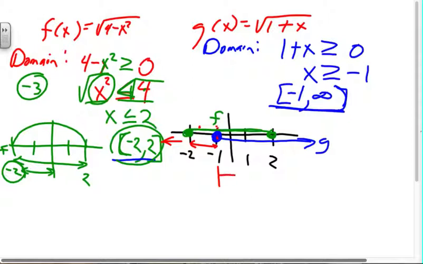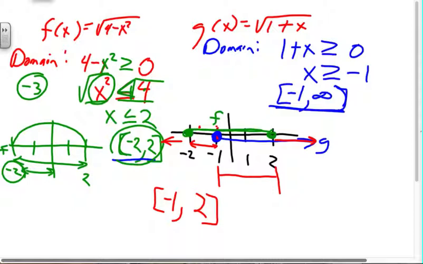And as we go along, we still have points in both of them until we get here at 2, and then F drops back out. And these points are excluded because while they're in G, they are not in F, and remember we're looking at the intersection. So the domain of this then is going to be negative 1 to 2. And that's how you find it.